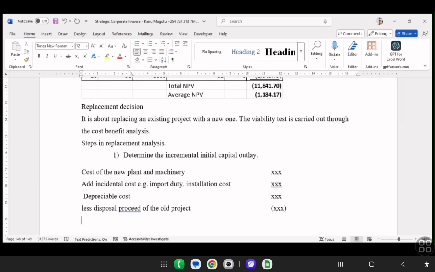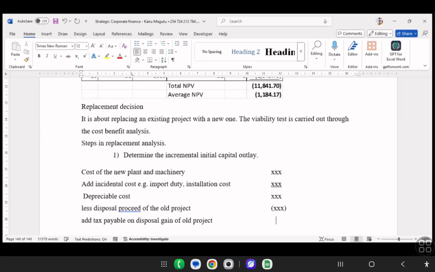That gain is taxable. So we add, this is a cash inflow, tax payable on disposal gain of old projects.